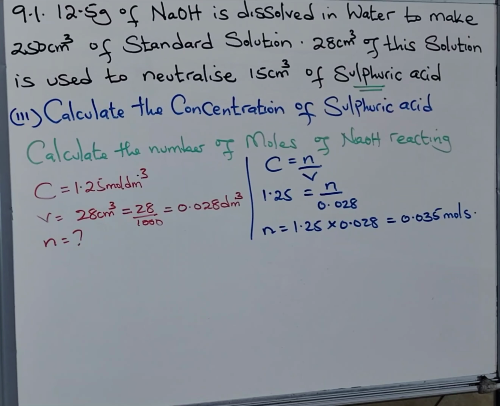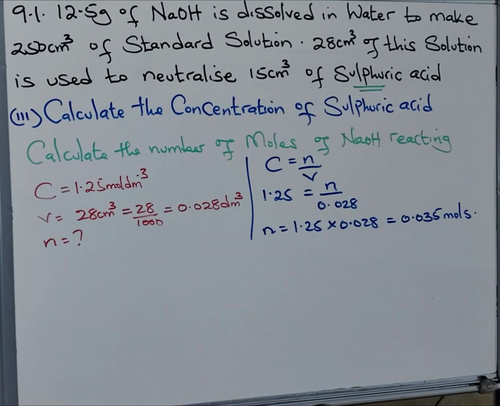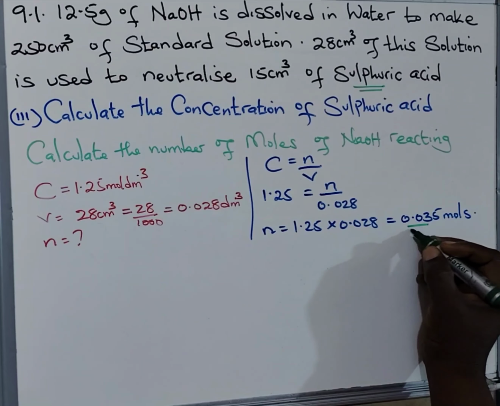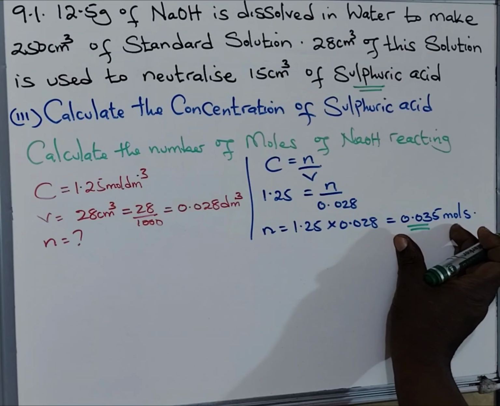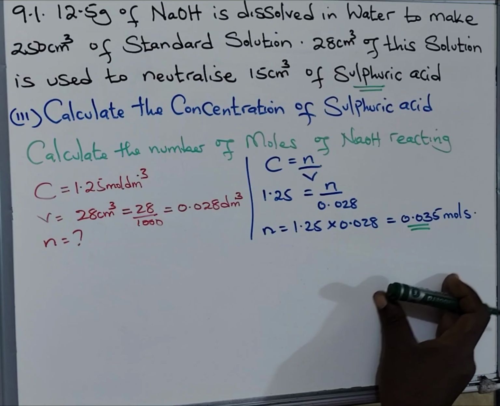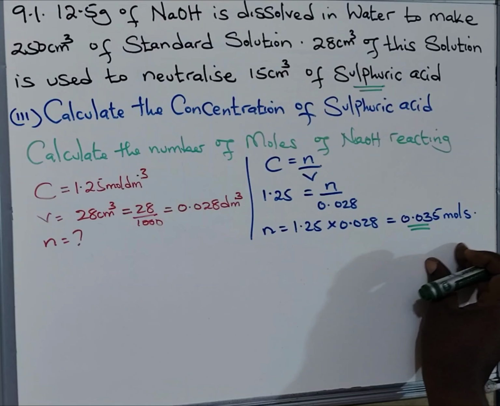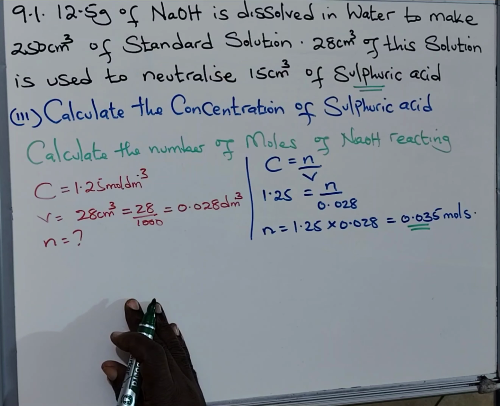So that is it. After getting number of moles, because what we have here are the number of moles of sodium hydroxide which reacted, we are now going to go ahead and find number of moles of sulfuric acid which reacted. And how do you do that? The link is through mole ratio, which we get through the equation.